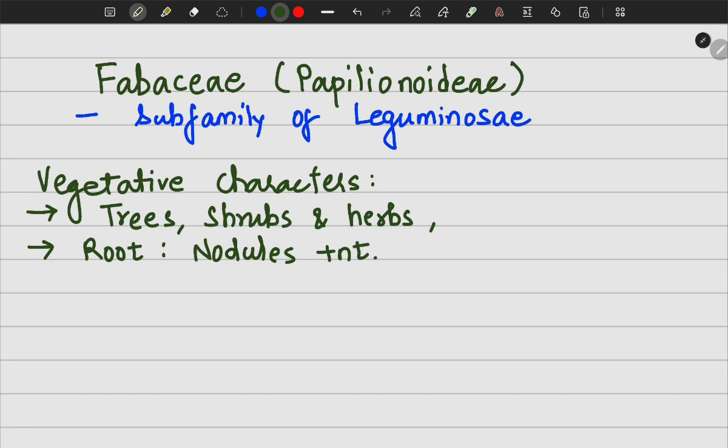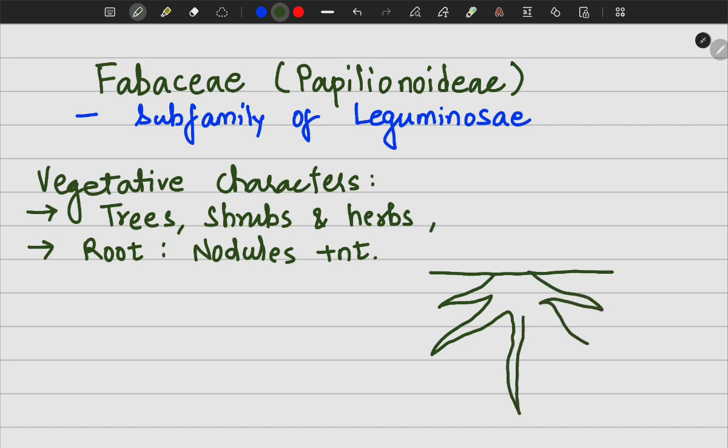What are root nodules? If we talk about leguminous plants, then some of the leguminous plants have nodules in their roots, which are some round structures like these, which are called root nodules.